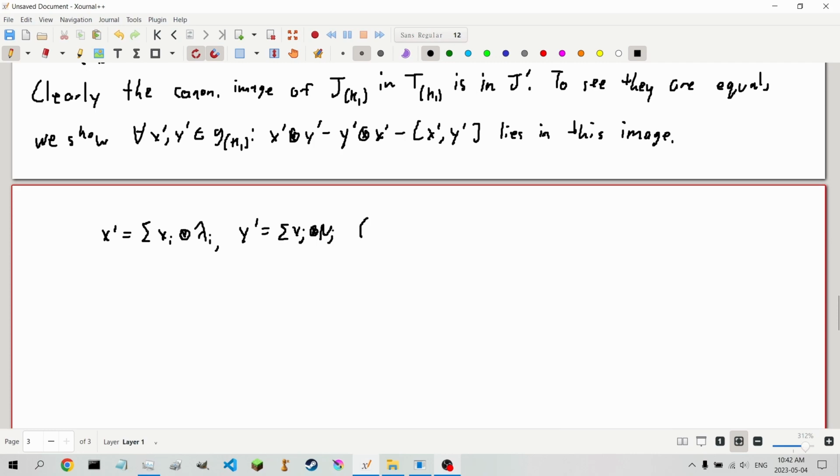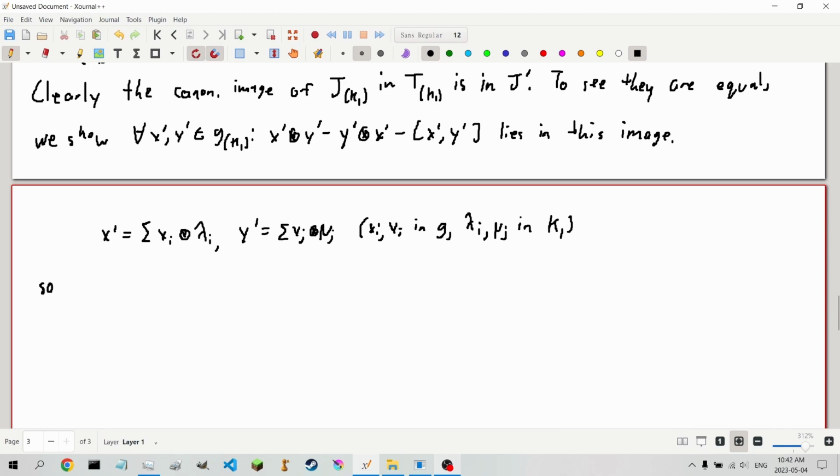And keep in mind how you extend bases. These x and y are going to be in G, and these lambda and mu are going to be in our new extended ring.